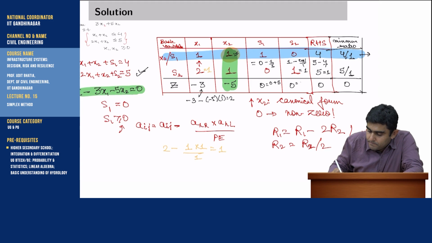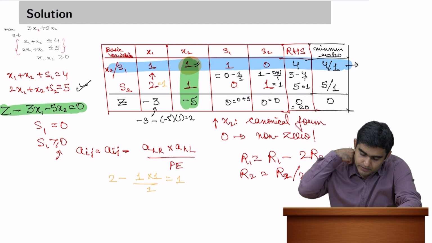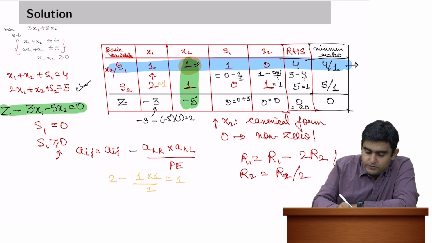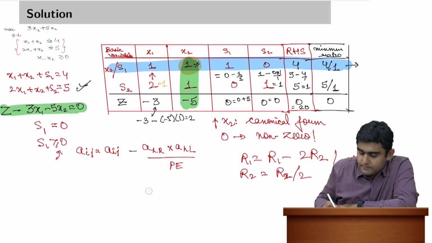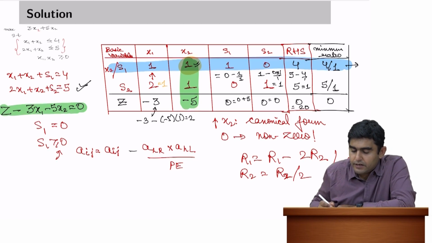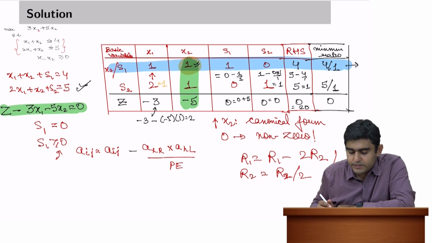The coefficient of S2 will become 0 because exactly 0 is sitting on top of it, and the RHS value will become 20 because 4 times 5 is 20, and this negative sign becomes positive because of 1 minus already sitting outside. So if this calculation is clear to us, we would have an updated tableau, and then we would again repeat these calculations until we are left with no negative coefficients here.